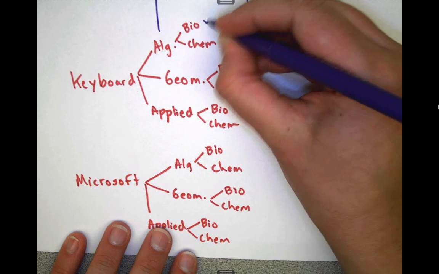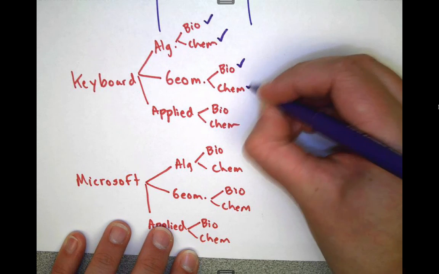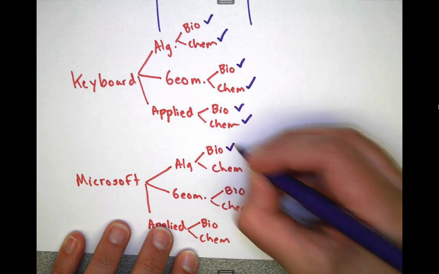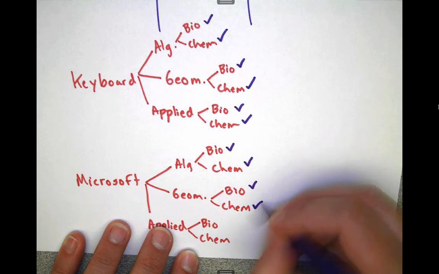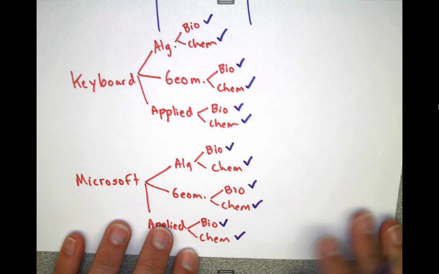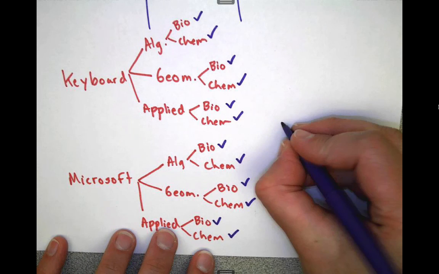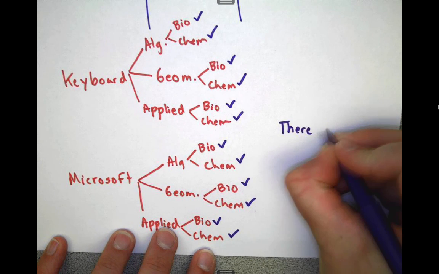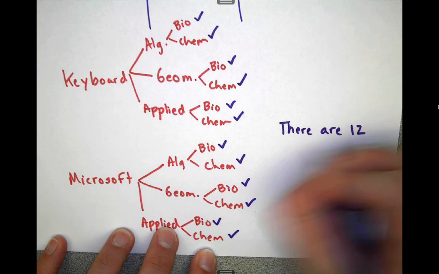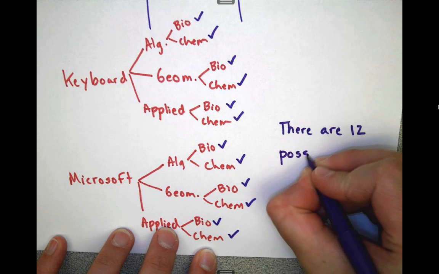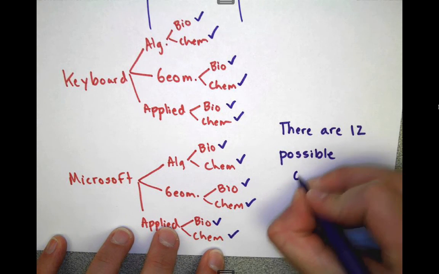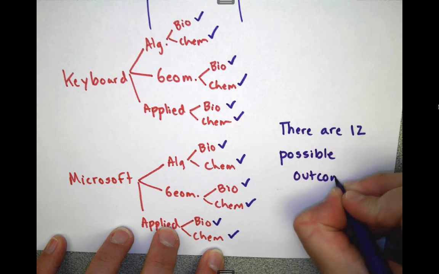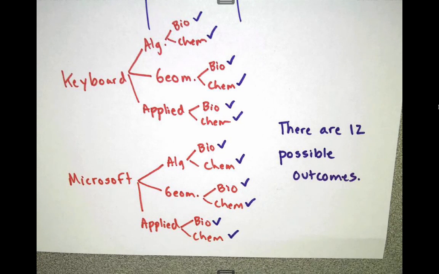So I see 1, 2, 3, 4, 5, 6, 7, 8, 9, 10, 11, 12 total outcomes. So the answer is there are 12 possible outcomes.